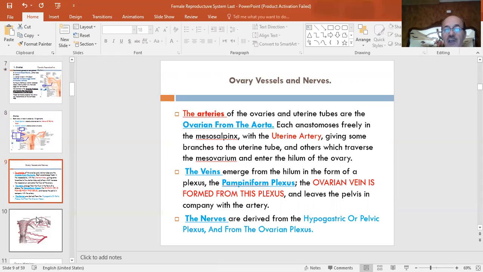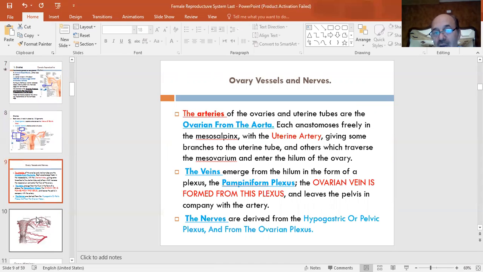Now, the blood supply of the ovary is from the ovarian artery, very much like the testicle, and it anastomoses in the membranous portion, the mesosalpinx, with the uterine artery. So there is anastomosis between the ovarian artery, from the abdominal aorta, and the uterine artery.